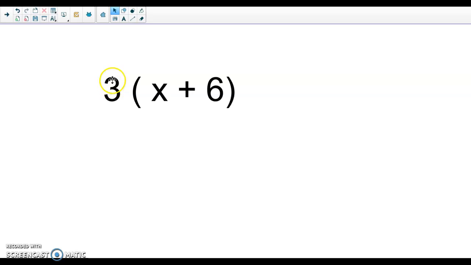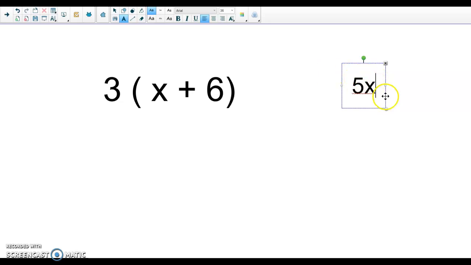Expression. So here we have 3 on the outside, and then we have some parentheses with x plus 6 on the inside. So if you remember yesterday or a couple days ago, we were talking about order of operations and expressions, and how if you have a letter right next to a number, like if you have 5x like this, what this really means is 5 times x.